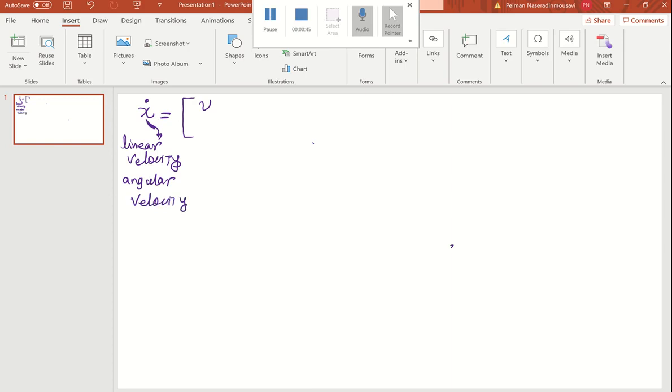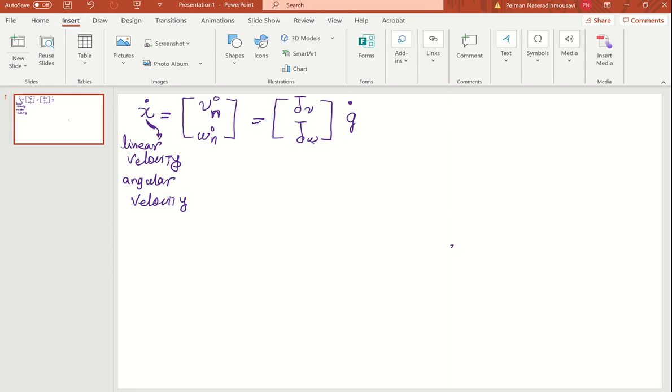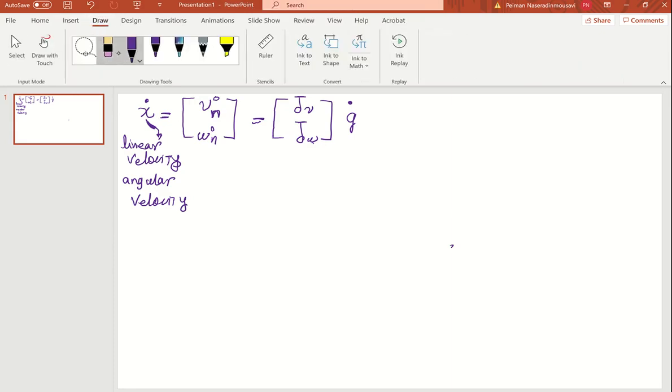We said that the end effector's linear and angular velocity with respect to the base coordinate system can be decomposed as J of V, the linear velocity Jacobian, and the Jacobian of the angular part, times q dot. Remember?